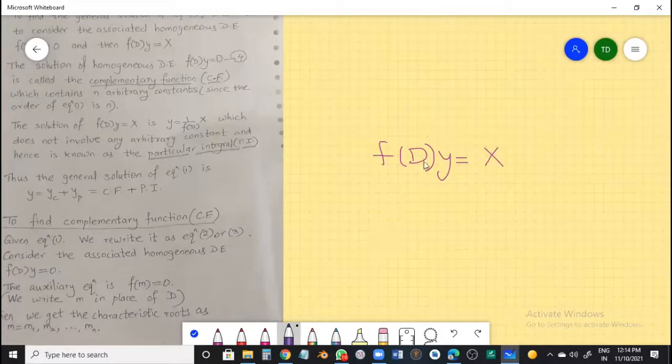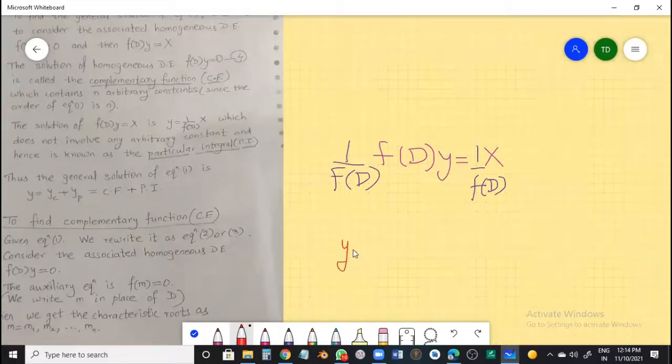Now both sides we are operating by the inverse differential operator, that is 1 upon f of D. So the right side will also be 1 upon f of D operating on X. So 1 upon f of D cancels the effect of f of D, and on the left side I am just left with y, and the right hand side is 1 upon f of D operating on capital X. Capital X is what? A function of x. Is it okay?